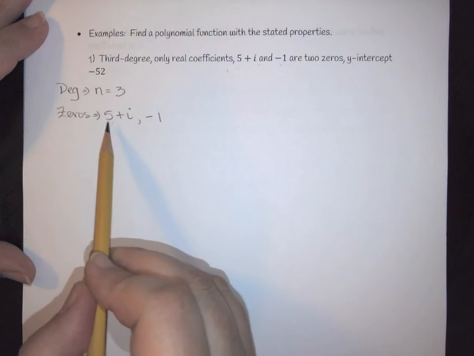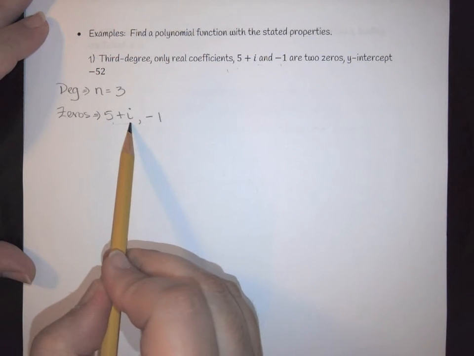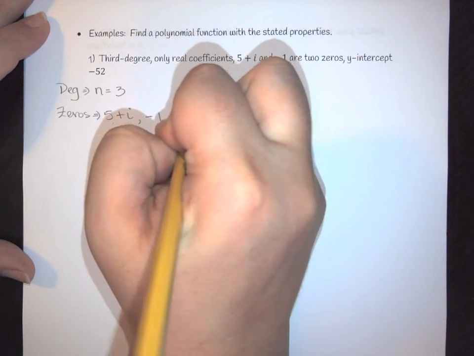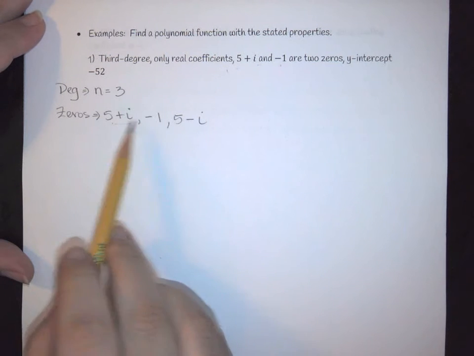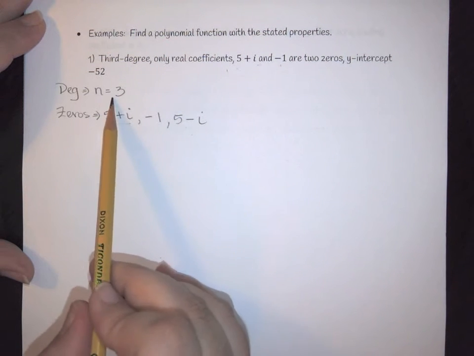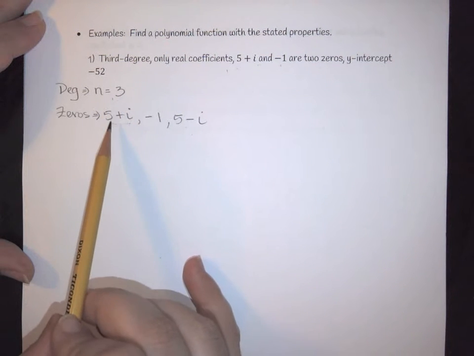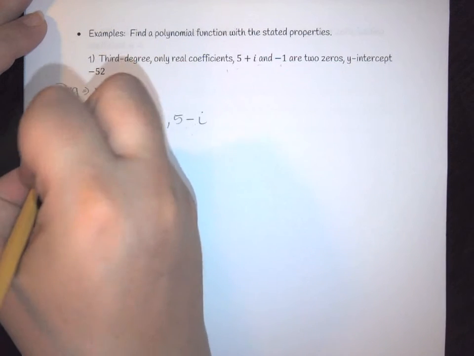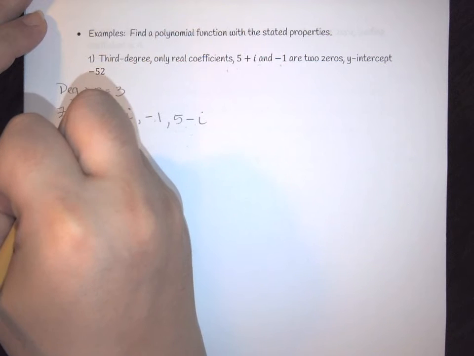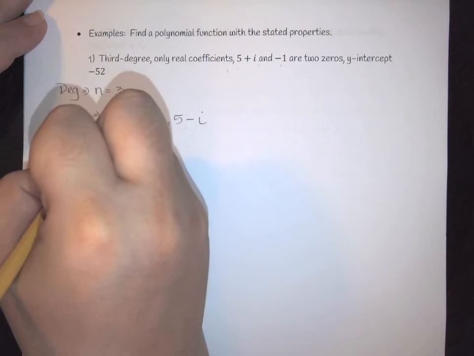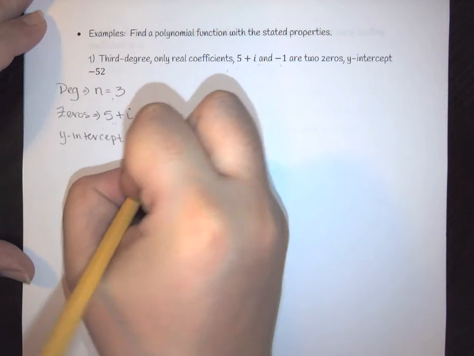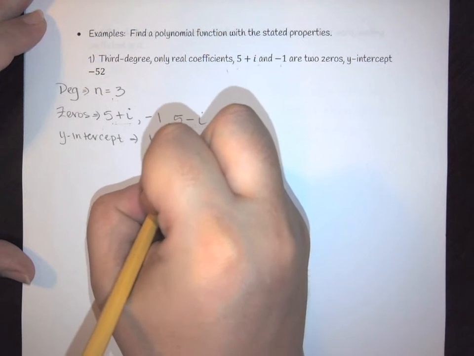Now, because this is imaginary, we automatically know we have the other zero, which has to be 5 minus i, because remember, they go in pairs. Since my degree is 3, I should have 3 zeros: 1, 2, 3. There we go. The other thing that we know is that I have a y-intercept, so in this case, my b value is going to be the point (0, negative 52).